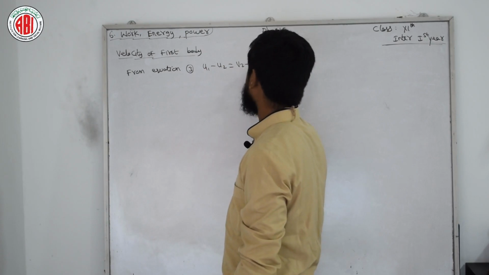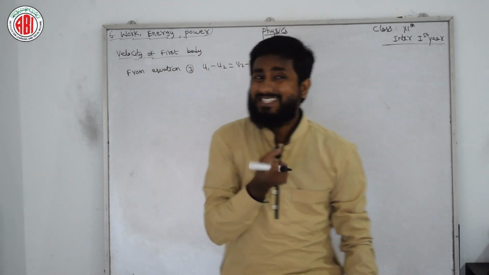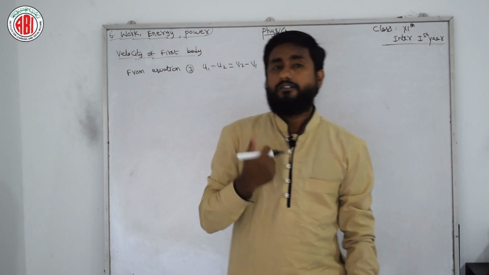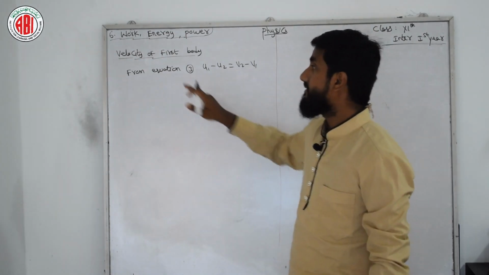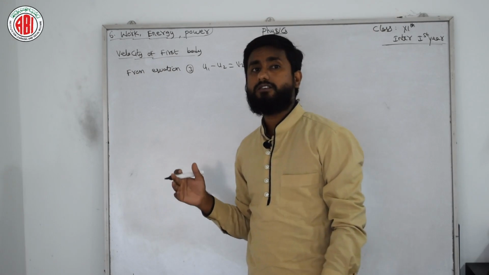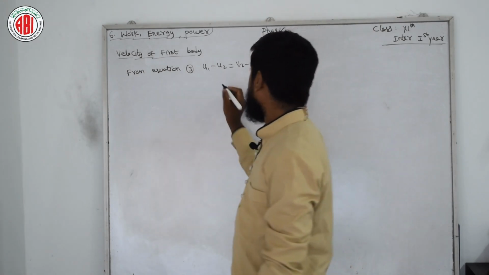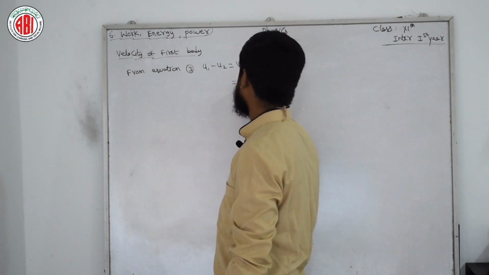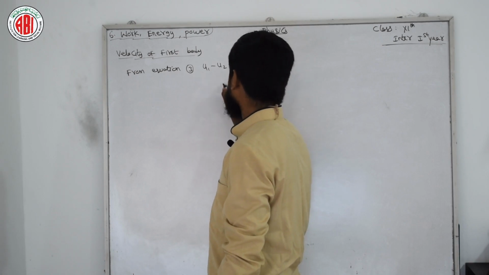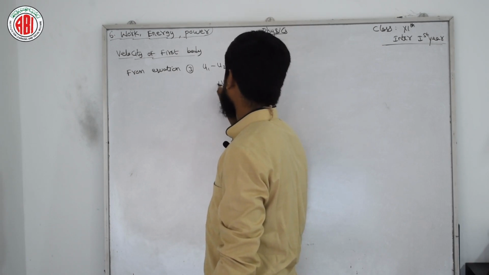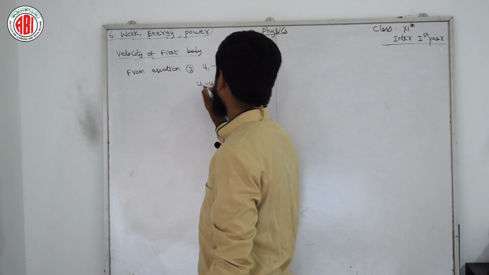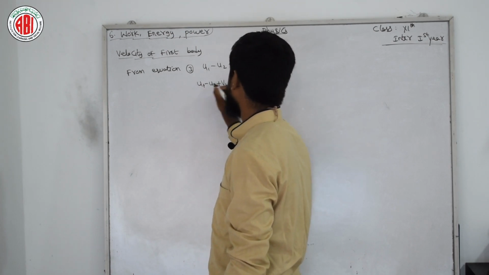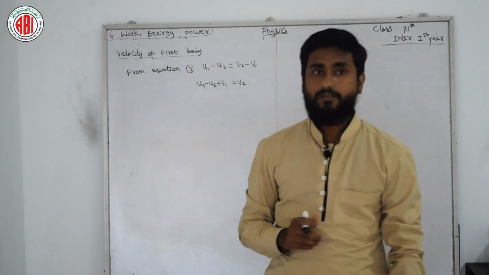If we want to fetch the velocity of the first body, we need to keep v2, and if we want the velocity of the second body, we need to keep v1. So I am keeping v2 here itself, and v1 goes to this side, it becomes plus v1, minus u2 as it is and u1 also as it is. This is the equation we have.